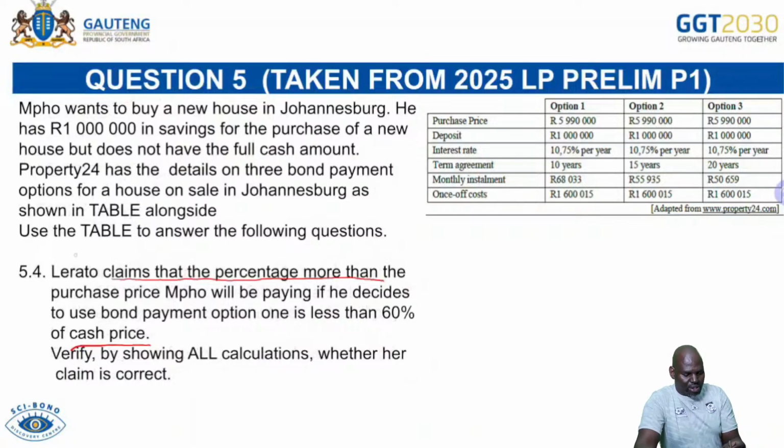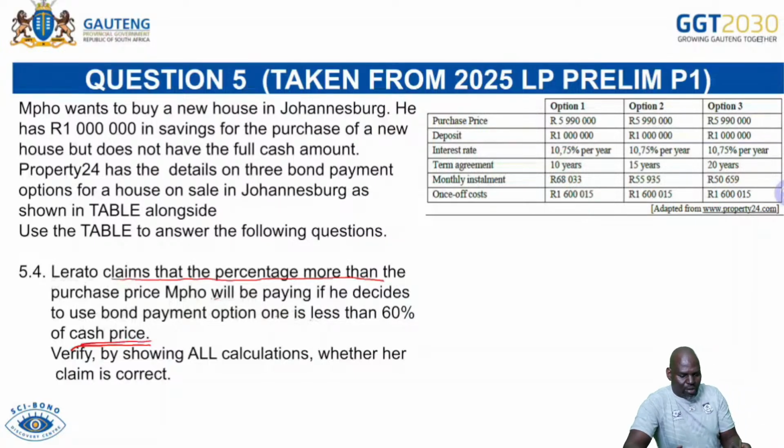Lerato claims that the percentage more than the purchase price that Paul will be paying if he decides to use bond payment option 1 is less than 60% of the cash price. So it means, what percentage is Paul going to pay in total compared to the cash price.